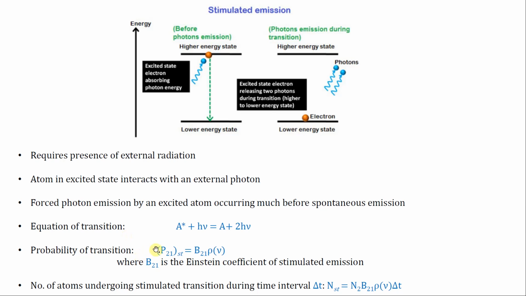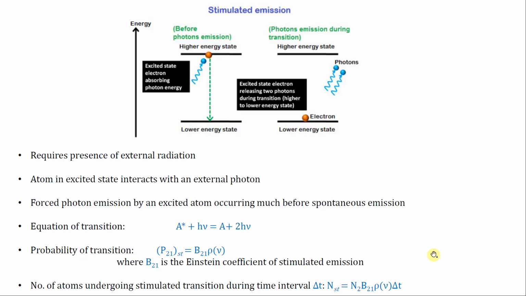Now the probability of transition, once again it is from level 2 to level 1, so it is P21, but it's a stimulated emission, so the suffix is ST. This is going to depend on the density of the photon which triggered the process. So the probability of transition is given as B21 into rho nu, and B21 is the Einstein coefficient for stimulated emission.